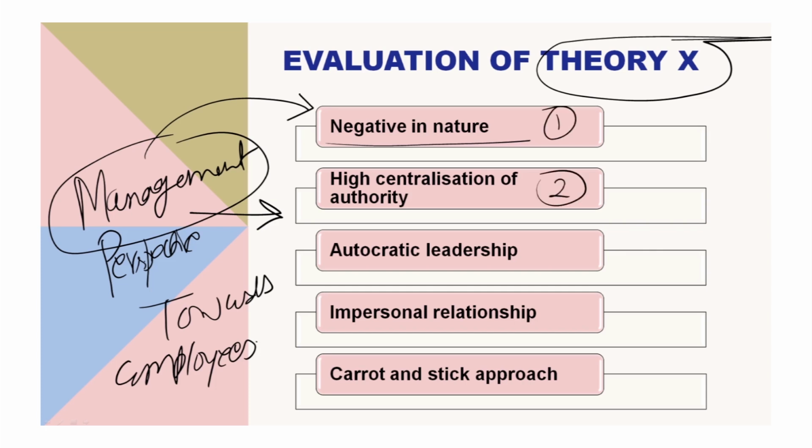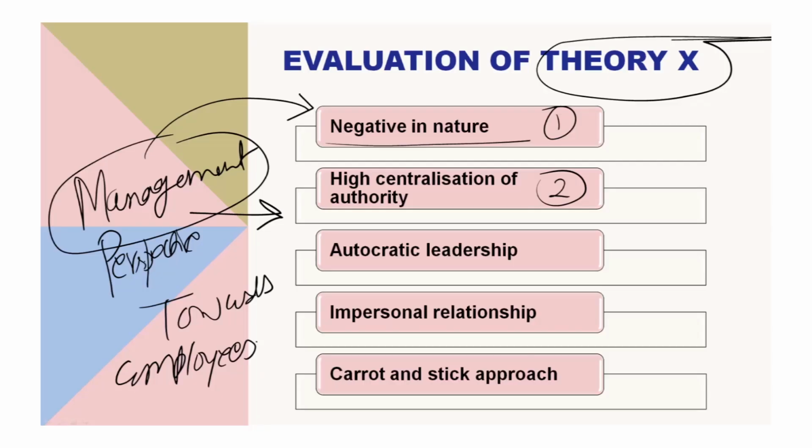Second is high centralization of authority. If you remember the principles of management given by Fayol, one of the principles we discussed is centralization and decentralization. Centralization means all the authority is kept with the top management, and you are not distributing any authority to the lower or supervisory management.